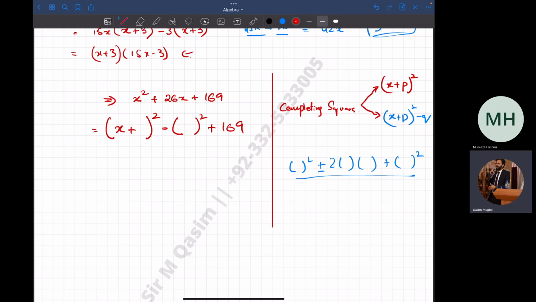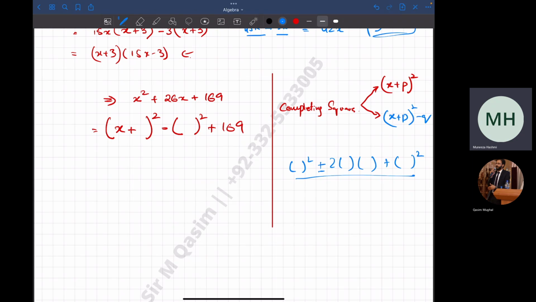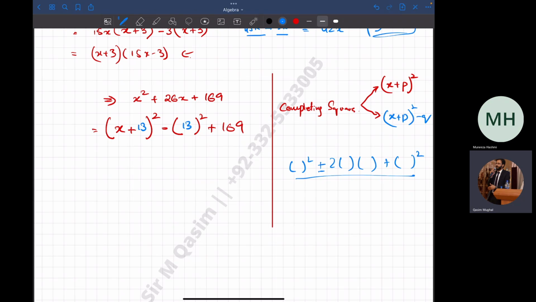So what's half of 26? 13. So you can put 13 here, 13 here. Now in the next step, x plus 13 whole square minus 13 squared is 169, plus 169 will cancel out and you will be left with just x plus 13 whole squared. Got it?